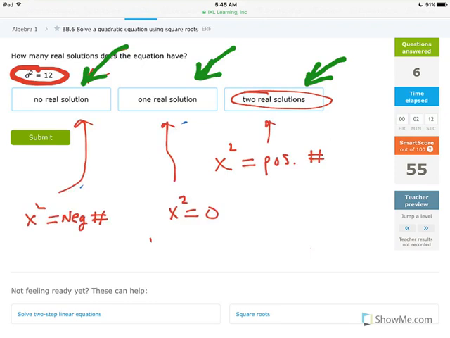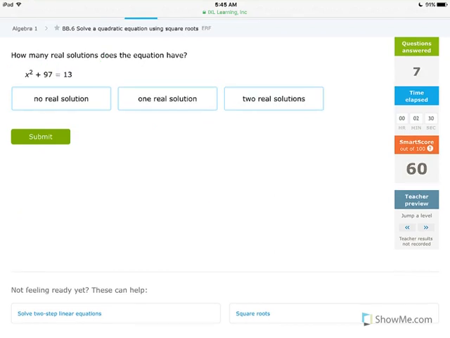If you are squaring something and it's a positive number, you should be able to solve that for two solutions. If you have the square and it's working out to be 0, that is one solution. And if you have a square equal to a negative number, try to solve that and you get no real solution. So no solution.